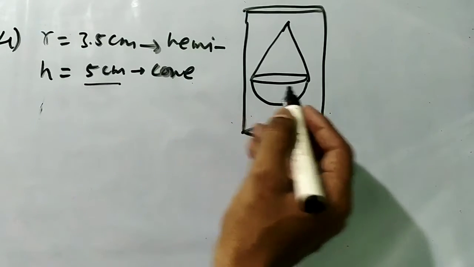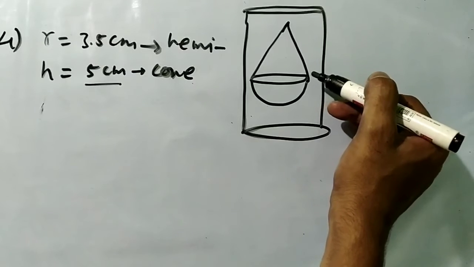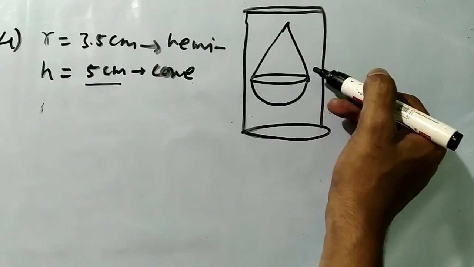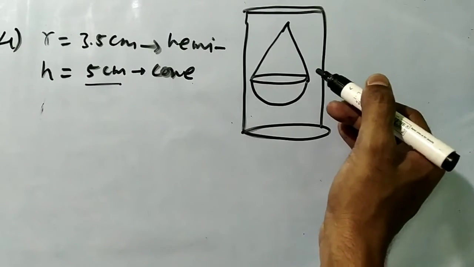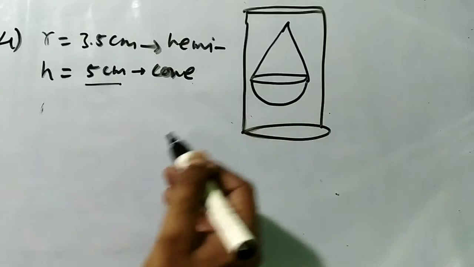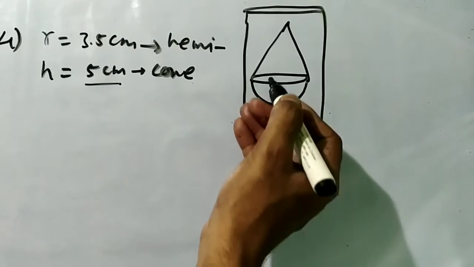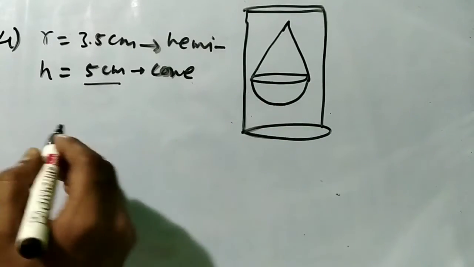So let's find this solid figure's volume, because the solid figure is immersed in the cylinder tub. Then we can find the volume of water left in the tub. Before that, we have to find the volume of this solid figure, which is a combination of cone and hemisphere.